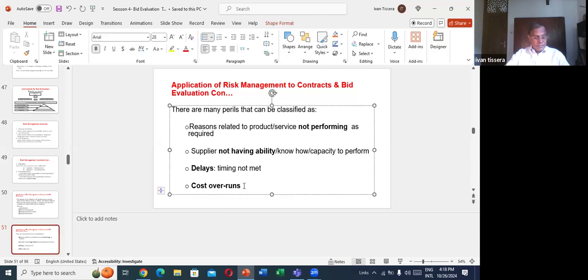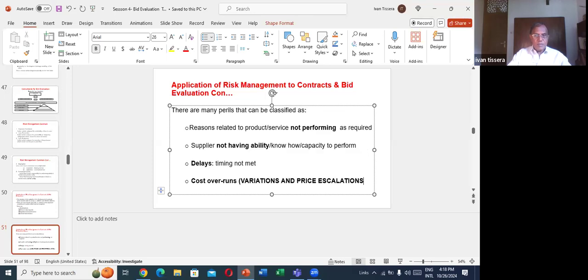You can say variations and price escalation. So there are some ways to mitigate that.